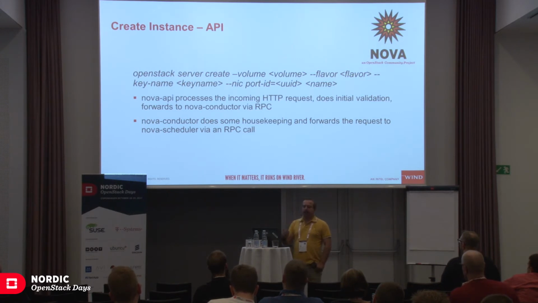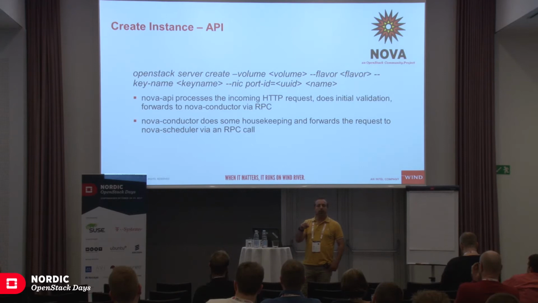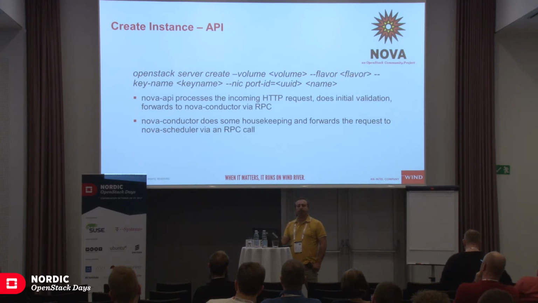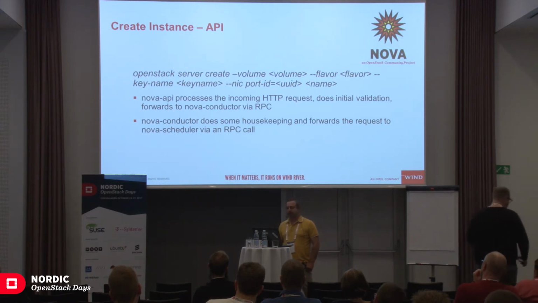The next step is creating the instance itself. In order to create the instance, I'm using server create. This command can be very long. If you take a look at the Nova log, the Nova boot command, you can see that this is very long. So here you have a lot of options to optimize, to add whatever you need to provide to the instance itself.